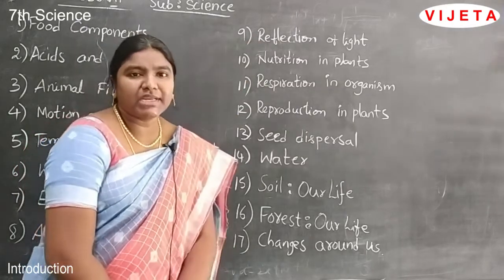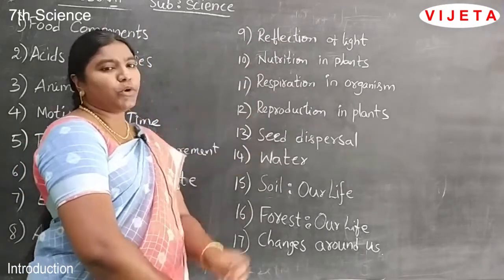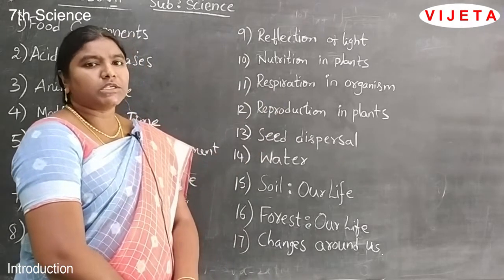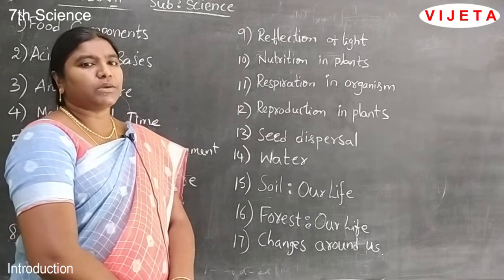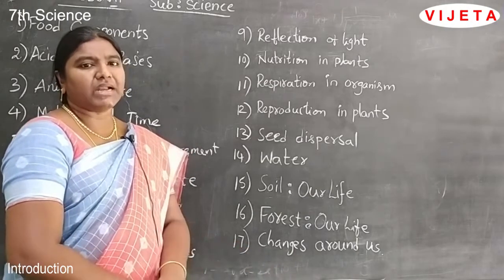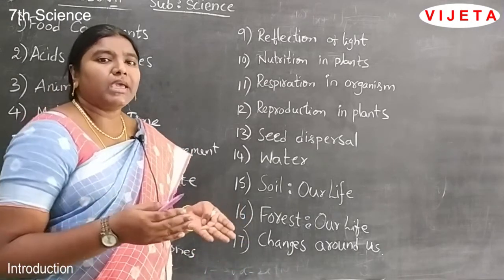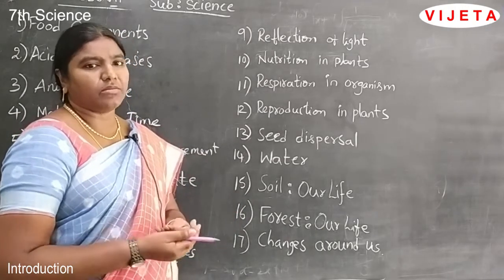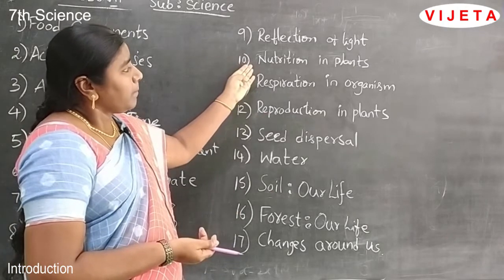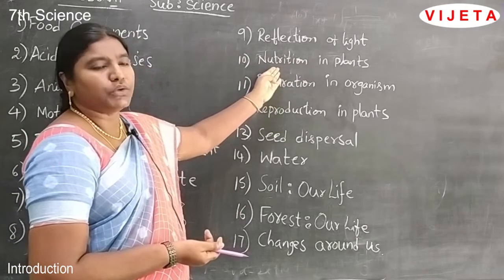Next, nutrition in plants. This lesson is important to everyone because all animals and human beings depend upon plants, because plants make the food for all human beings and animals. So in plants we get all the nutrients.